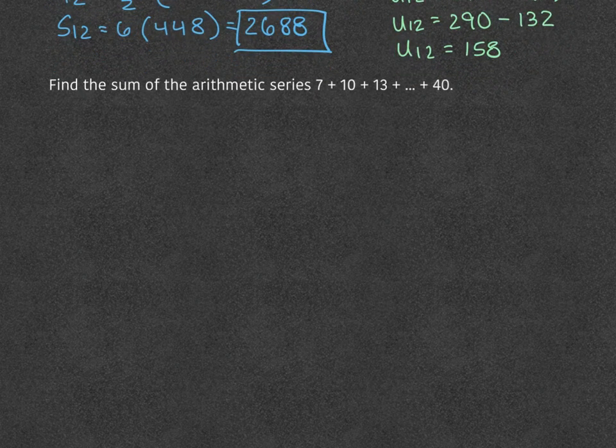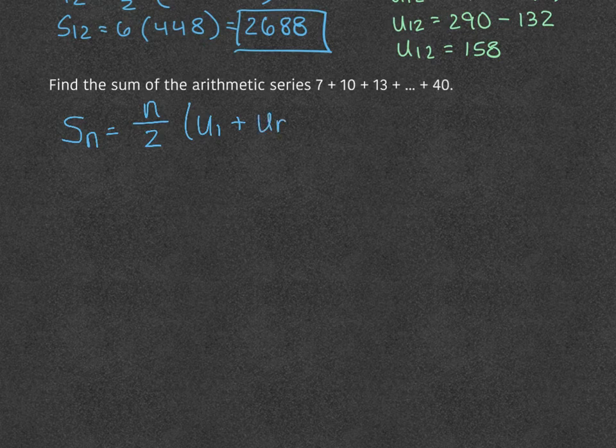Okay, so for this next one, we want to find the sum of this series. So again, if we write out our formula, we have that Sn equals n over 2 times u1 plus u sub n. Because of the way they wrote this one, I'm given my first term and I'm given my last term. So I actually have u1 and I have un, which is 40.